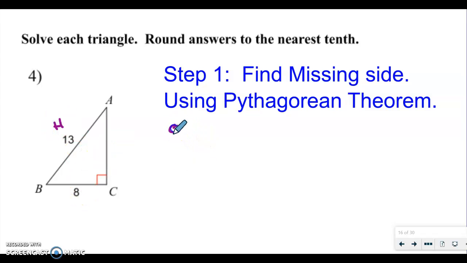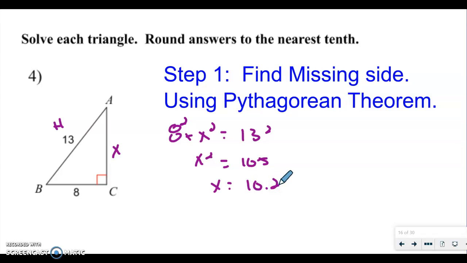So we're going to do 8 squared, we'll call this x, plus x squared equals 13 squared. And then we're just going to solve for x squared. So I got 13 squared minus 8 squared, which gets me 105. If I take the square root of that, I get x to be 10.2.